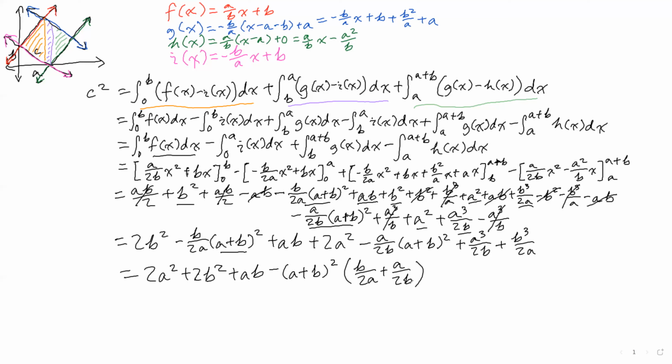And if you combine that into one fraction, that would be b squared plus a squared all over 2ab. So let's do that.